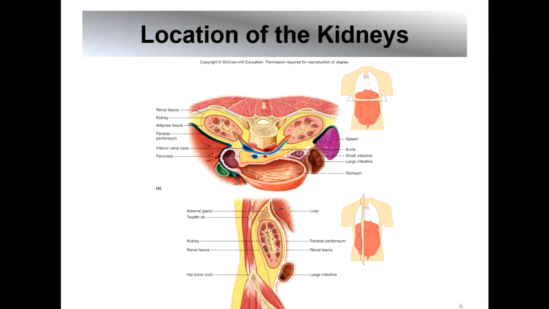Right here surrounding the kidney, it's got that tough fibrous capsule. Surrounding that is a layer of adipose. As we said, the fatter the cat, the fattier the kidney was. And then surrounding that is the renal fascia. The renal fascia is a thick connective tissue layer.